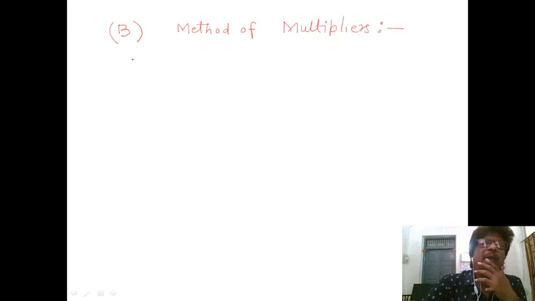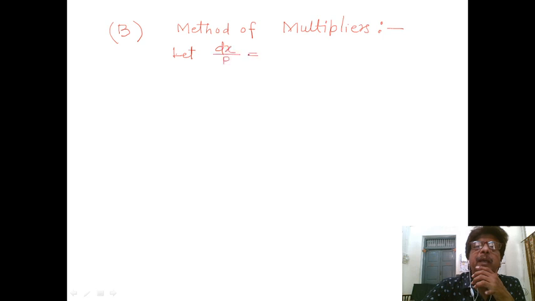The problems based on this we shall solve in the next lecture. Okay. Method of multipliers, as I have told you, is applied to the auxiliary equation. Let dx upon P equal to dy upon Q equal to dz upon capital R.